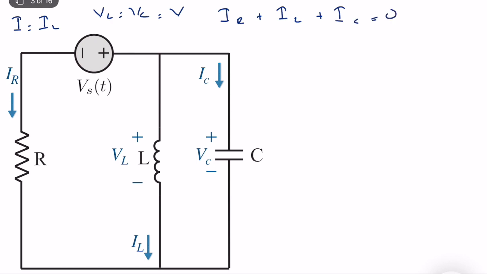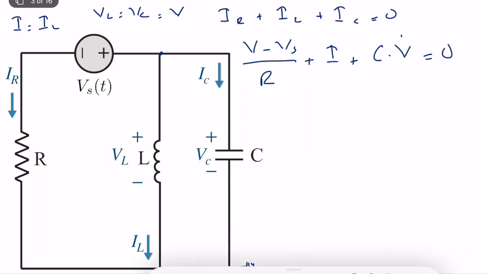Let's call this node ground. IR is equal to V minus Vs divided by R, plus IL is equal to I, and IC is equal to simply C dVc over dt, C times V dot, which is equal to 0, right?